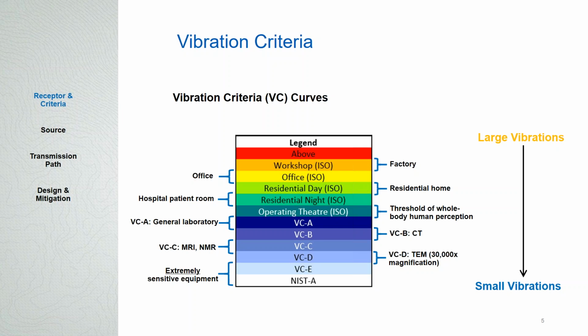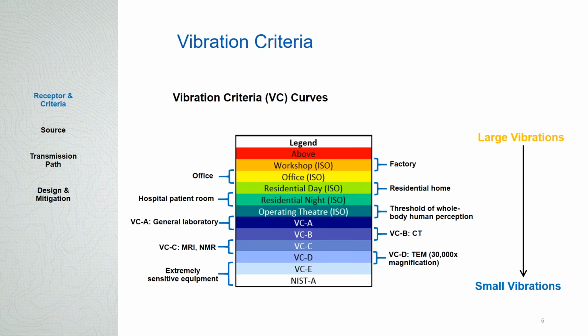We come across this most often in hospital recovery rooms or patient rooms, where you can still just perceive the vibrations at this level, but it's not necessarily going to affect your sleep or your recovery in any way, so that's sufficient.